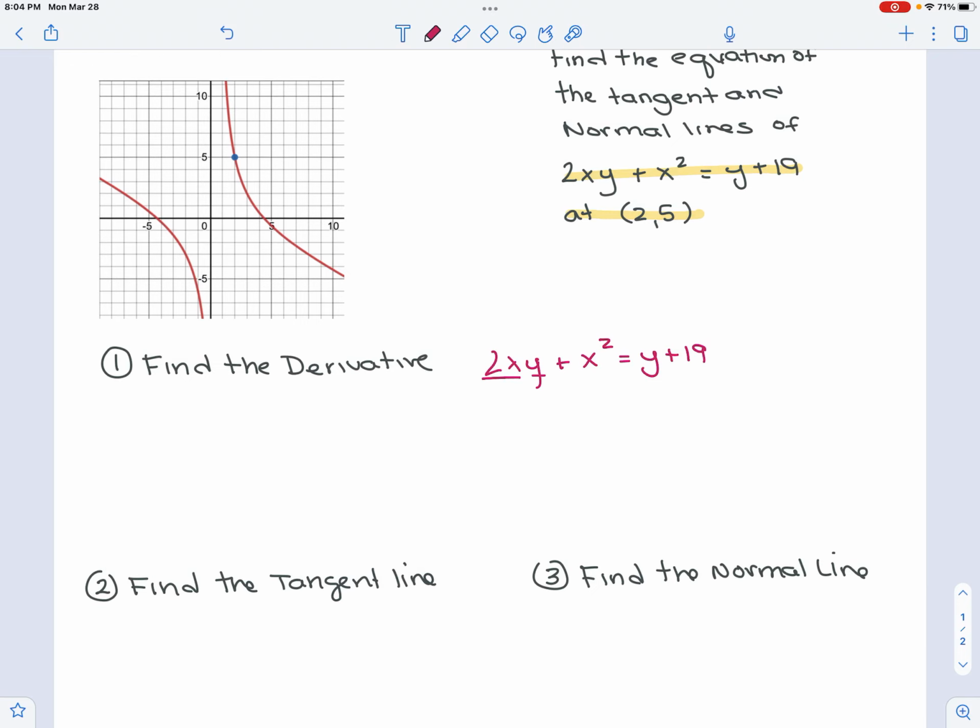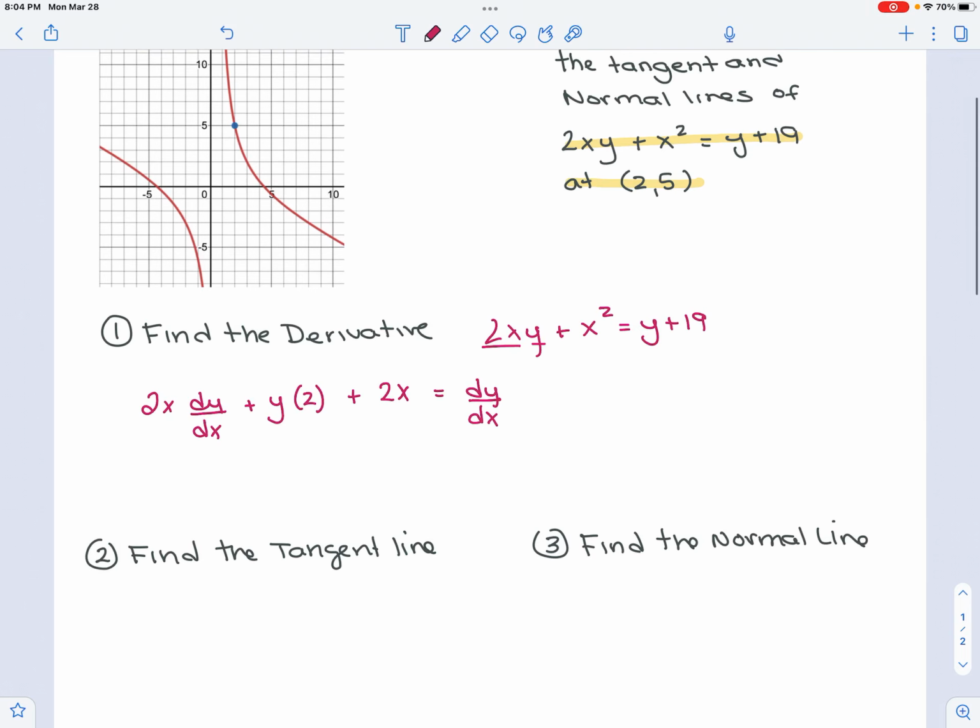Okay, so we have first times the derivative of the second, plus second times the derivative of the first. And then plus the derivative of x squared, which is 2x, equals the derivative of y, which is dy/dx, or 1 times dy/dx, and then the derivative of 19 is 0.